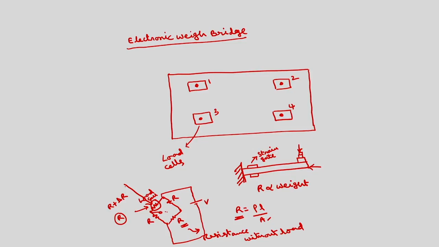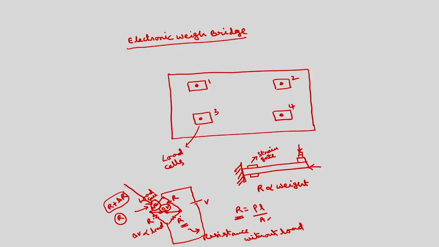At these 2 points you will get a voltage equal to 0 volts in case all are R's. This is R, this is R, this is R, this is R, because this voltage will be V by 2, this voltage will be V by 2. So, the difference becomes 0 volts. If I apply the load, this becomes R plus delta R, which causes an unbalance of the bridge. Thereby the voltage here will be other than 0. So, this delta V that is generated here is proportional to the load.